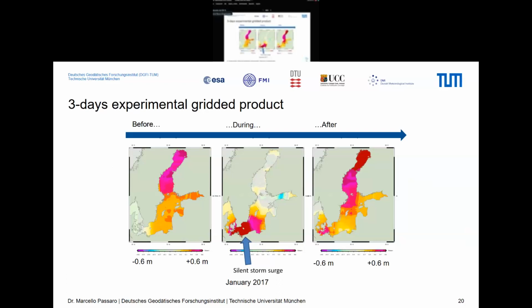And before that storm surge happened, shown here in the middle plot, we had very high sea levels in the north, and that oscillated back and caused these very high sea levels then in the southwestern part of the Baltic Sea. And yeah, I think that's a very nice other demonstration of how the data can be used also to improve storm surge modeling.